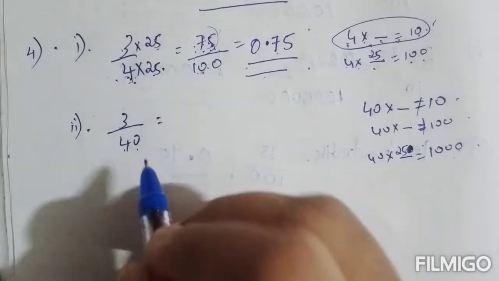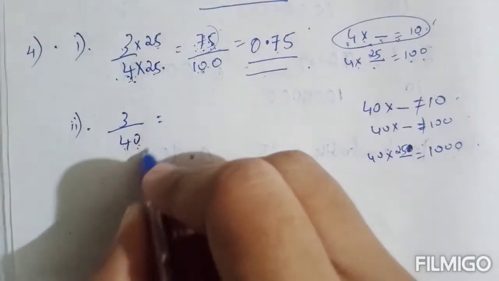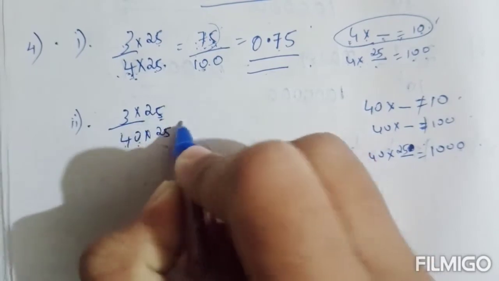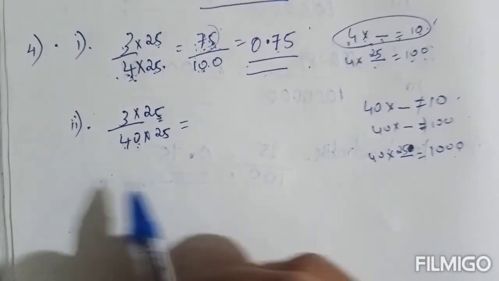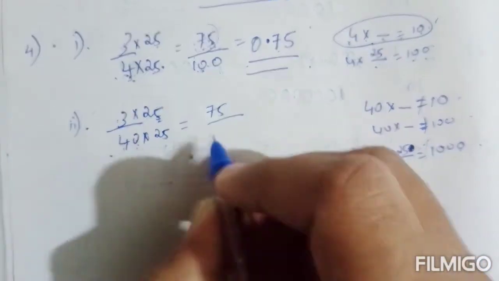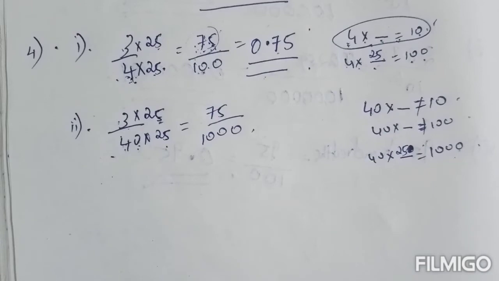Okay, so let's convert this 40 to 1000. So 40 into 25, and 3 also you multiply by 25. Now 3 into 25 is 75, by 40 into 25, 1000. 75 by 1000.